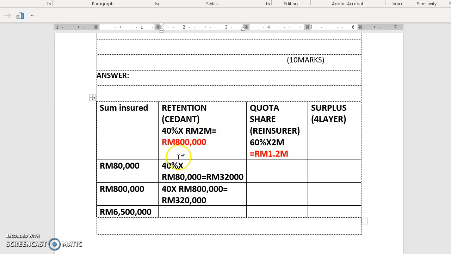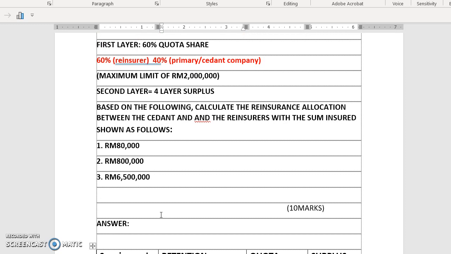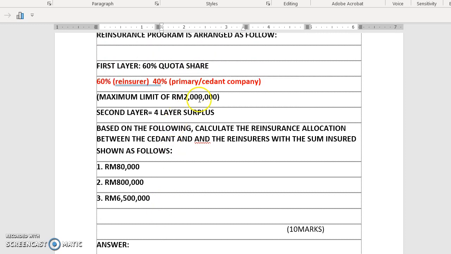Next, for the sum insured of 6.5 million. As we know, the maximum limit for this case is only 2 million.